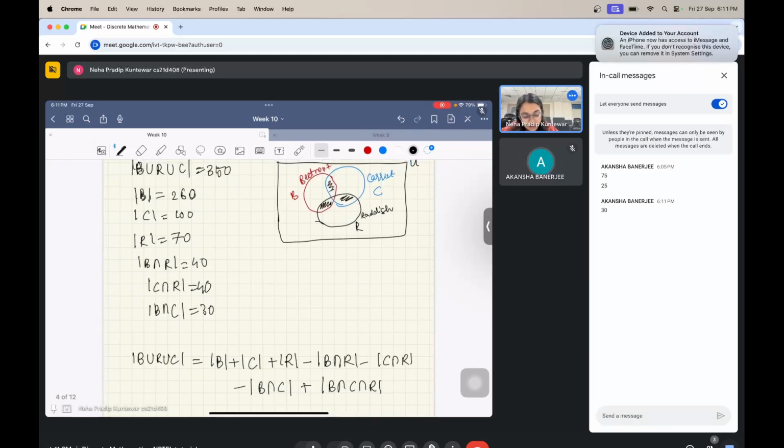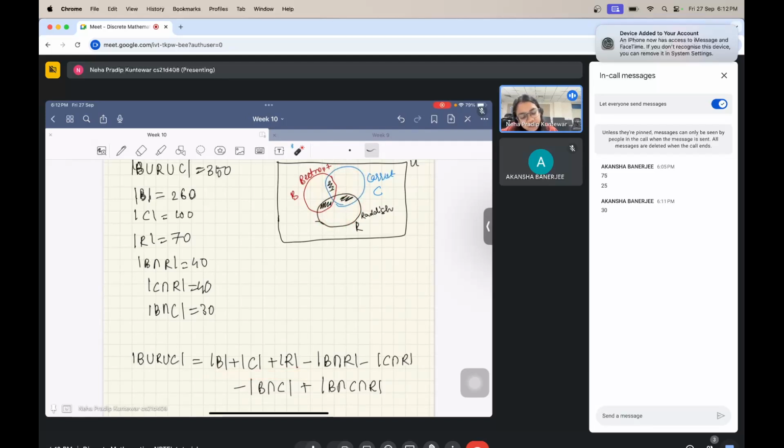So you want to find out the total number of elements. The natural thing is to add the number of beetroot farms, carrot farms and radish farms. So that's what we did here.